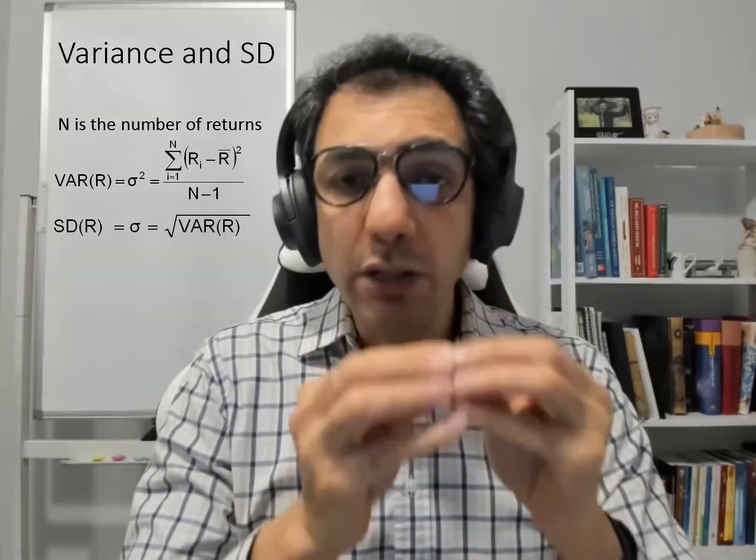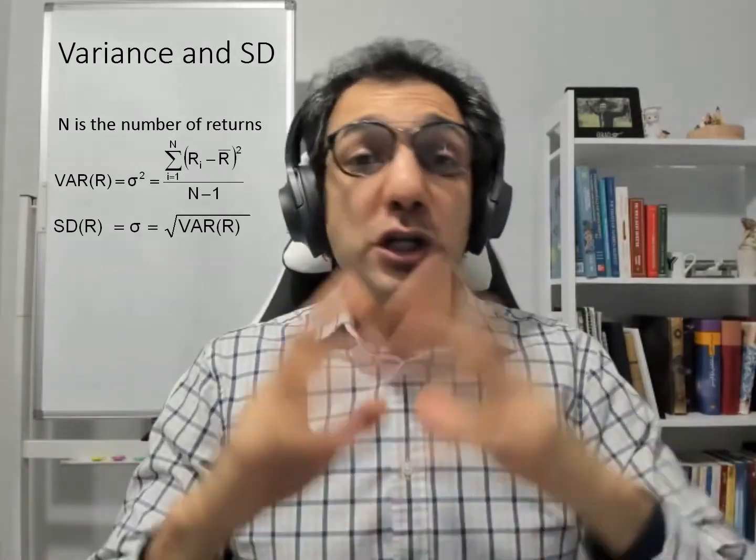Here is the formula we use to calculate the variance. You see the variance is based on the return and the average return. First you need to calculate the average return or expected return, as we learned in the first lesson, and then subtract it from each return under each scenario, and then find the square of that difference. Finally, add all these squared numbers and divide by n minus 1.